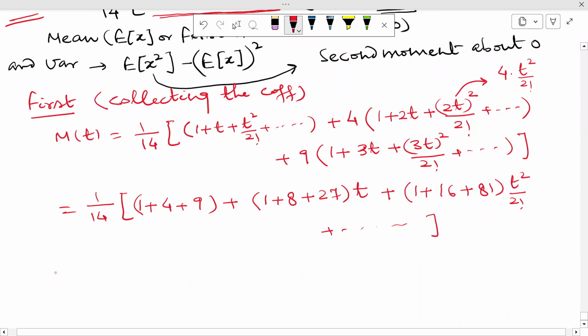Now we know that the first moment, or the expectation of x, is the coefficient of t, and coefficient of t means this term. Okay, so this is 27 plus 8 plus 1, so this will be 36.